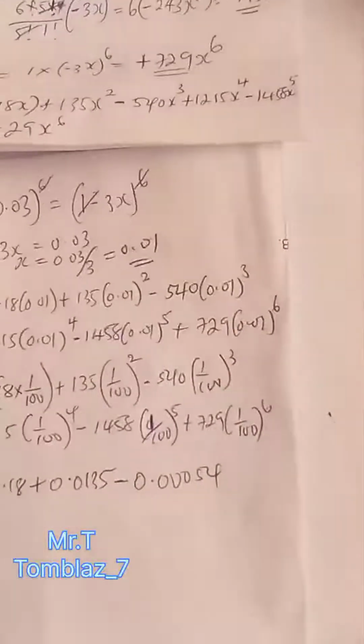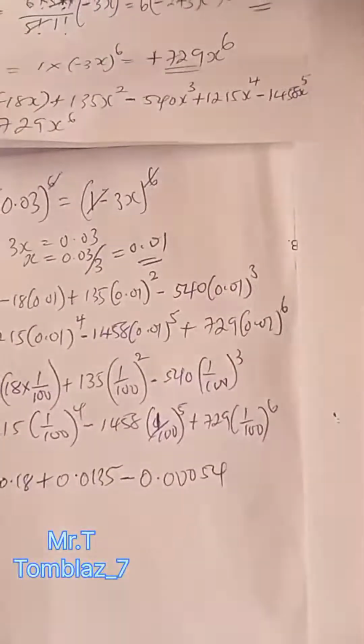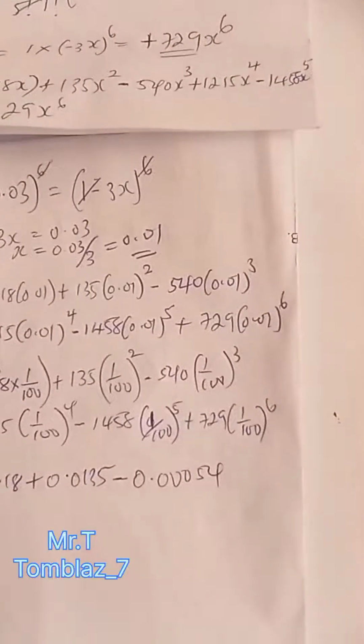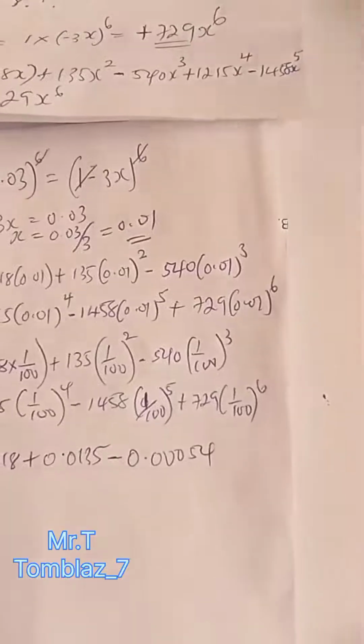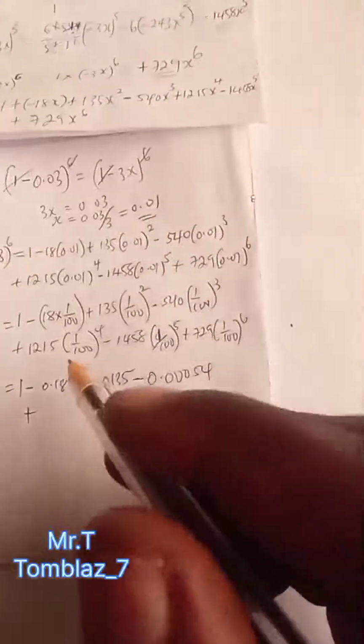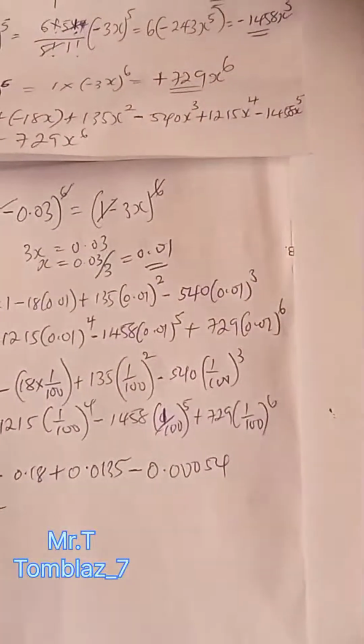Then plus, we are coming to this one now. That value raised to the power of 4 times the coefficient, which is 1215. So we're going to be having 0.12341215.